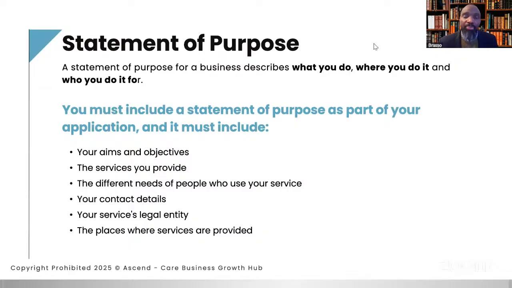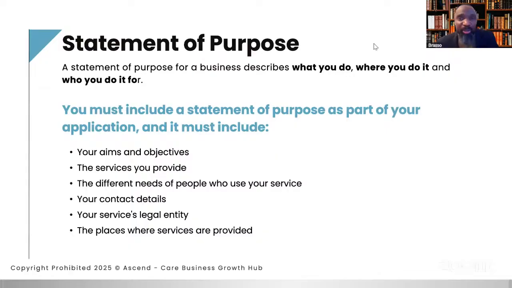Now, this is tricky. When we say the places where services are provided, for those providing care home, applying for care home is straightforward. Domiciliary care, again, straightforward. If you are applying for supported living, sometimes there is a confusion because when you say location, people think location will mean the accommodation where people are going to live.